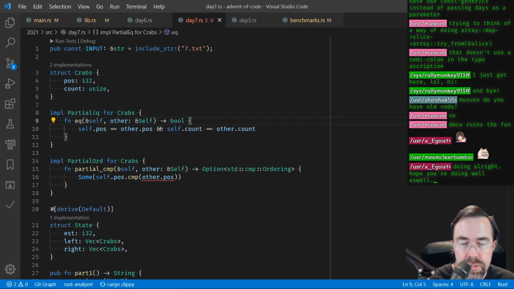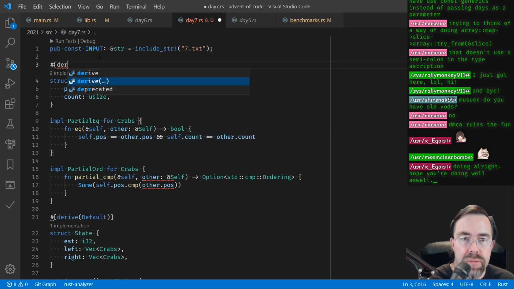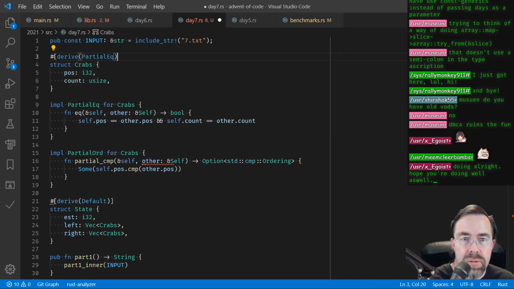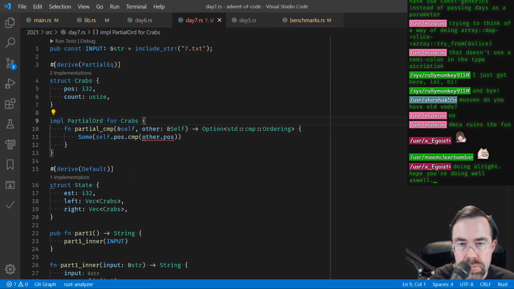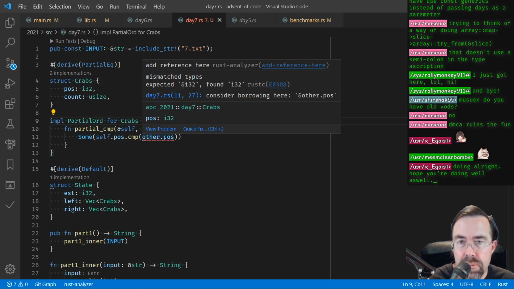They're never equal. Why do I need to implement PartialEq? I don't need to, I can just derive that. So... oh, I need a dereference.